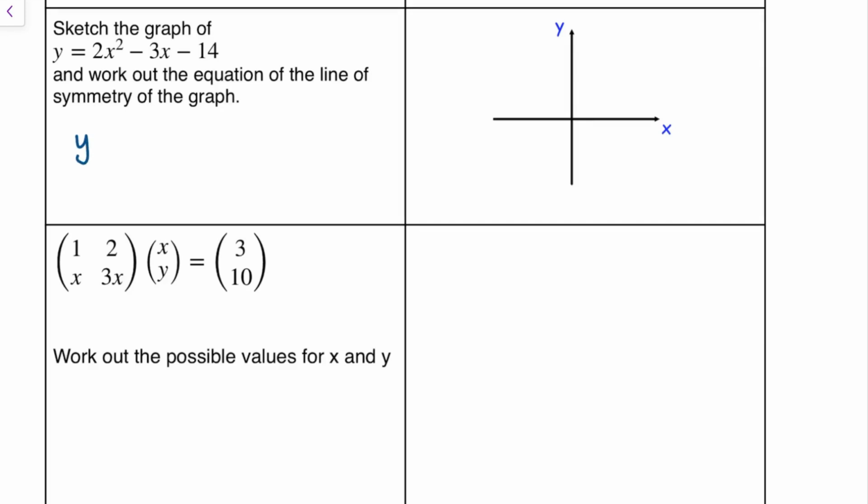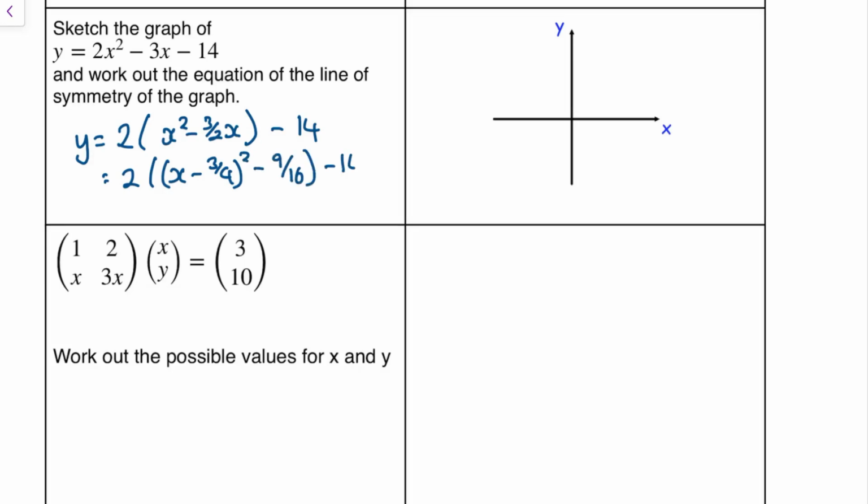So if I complete the square, that gives me y equals 2 brackets, x squared minus 3 over 2x, and let's just leave the minus 14 on the outside, which is going to give me 2 times (x minus 3 over 4) all squared minus 9 over 16, minus 14.